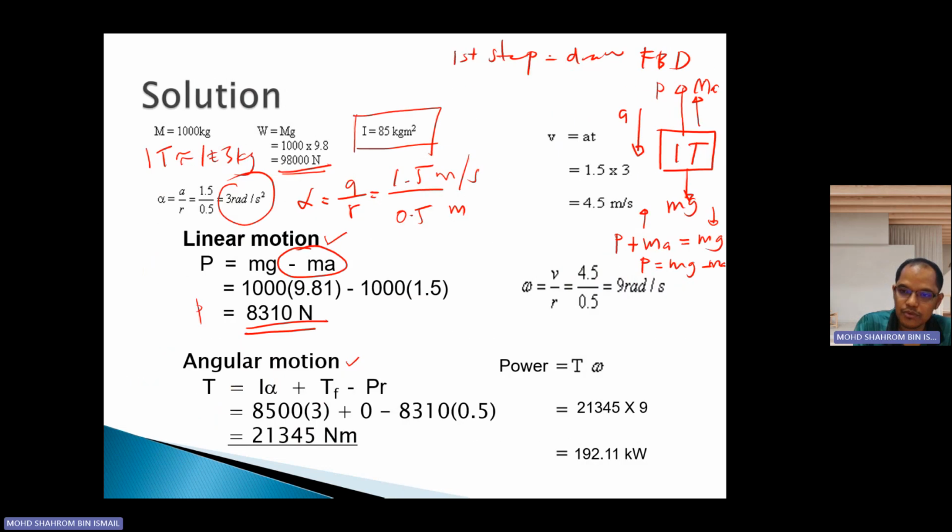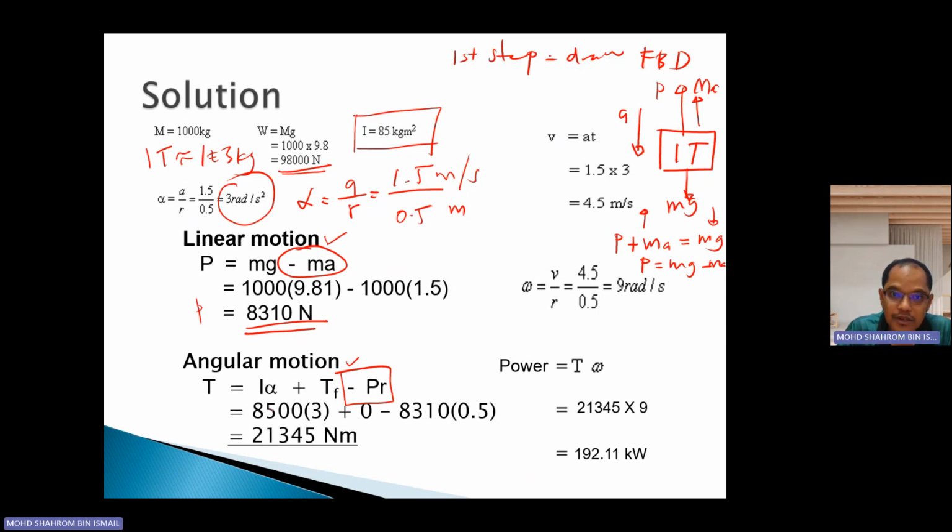The same goes to our case here. What changes is this one, the rope tension, the rope resistance, to be precise.